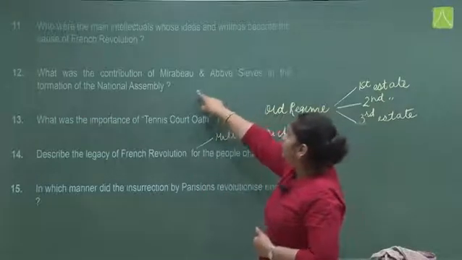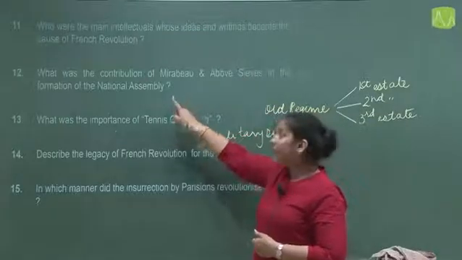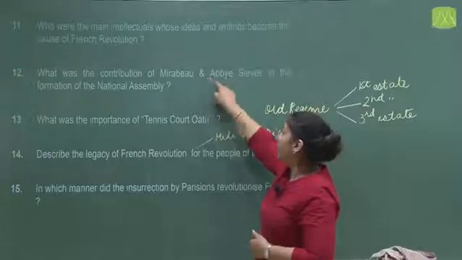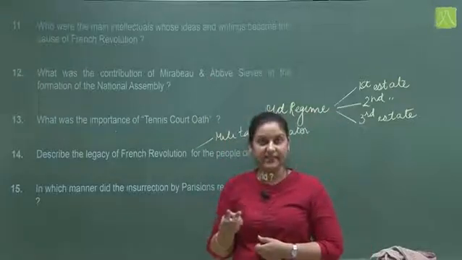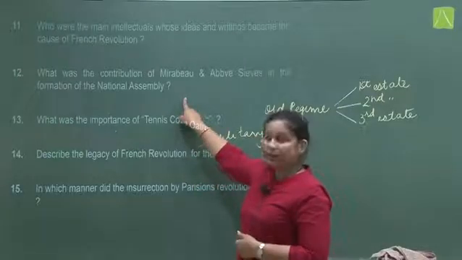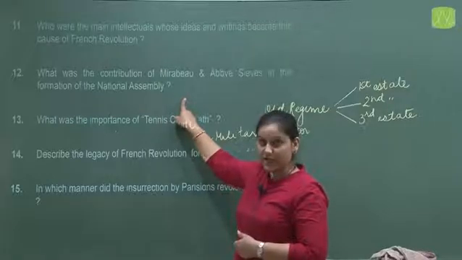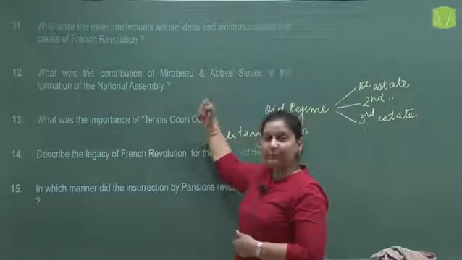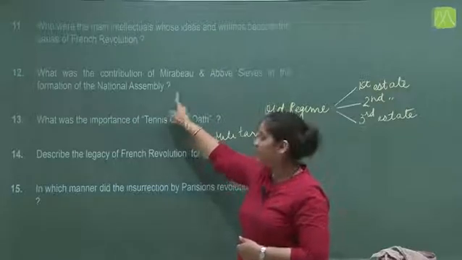Yes, contribution of Mirabeau and Abbe Sieyes in the formation of the National Assembly. We had already learned that Mirabeau and Abbe Sieyes, both of them belonged to the first and second estate, but still were helping the people. So, they have an important contribution in the drafting of the Constitution of France. So, despite being members of the upper class, they participated in this movement.